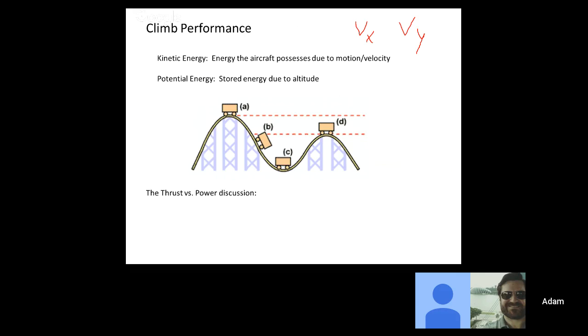If you look at the example I've got on the screen here, using this fancy roller coaster, if the roller coaster is sitting up here at A and it's not moving, then it's got potential energy, or the potential to fall, because it's up here at a height of h.